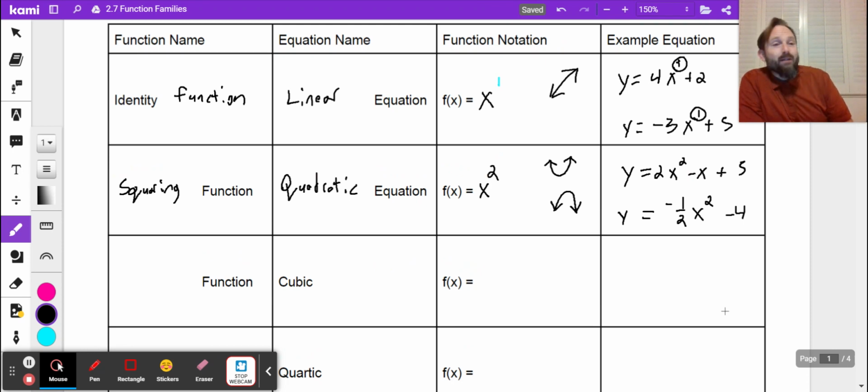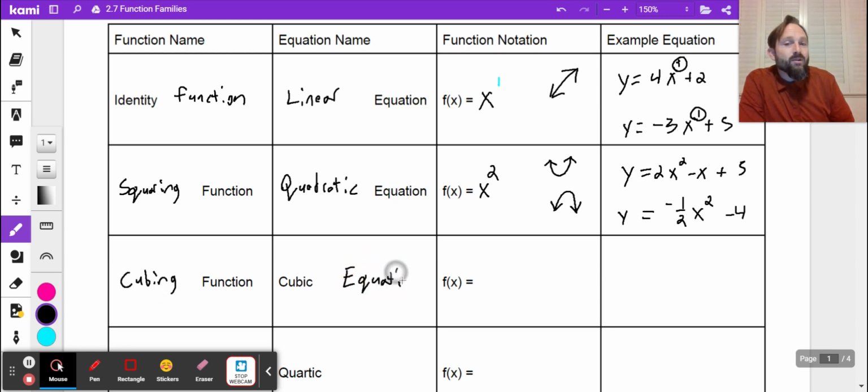We'll get to why that's important. The next family function is called the cubing function. This is when we get into cubic equations. This is when we have something times itself three times, or x cubed. This is the parent right here. And the offspring to this could just be x cubed, maybe plus 4.